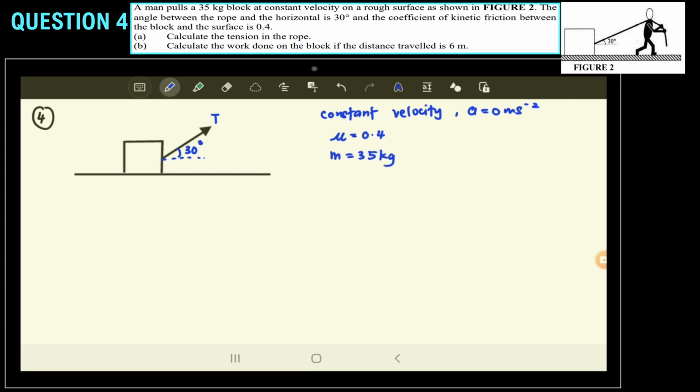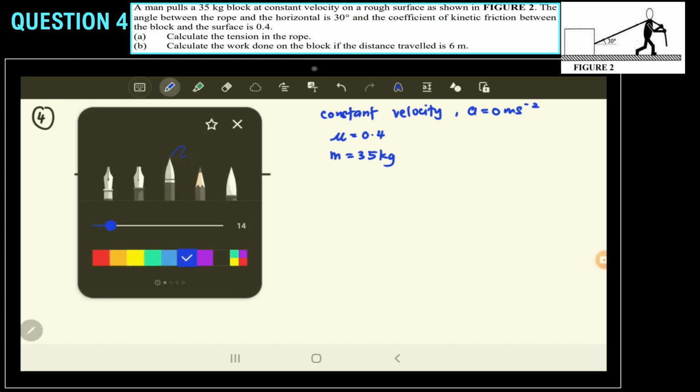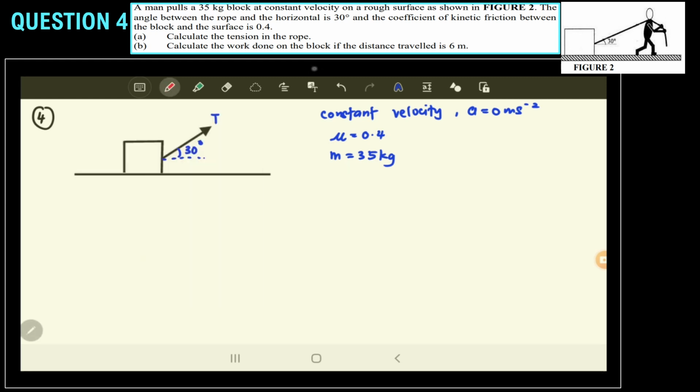The mass of the block is 35 kg. Before we start, the first question asks us to find the tension in the rope, so we need to draw the free body diagram. Now we have tension, and we're going to have weight, normal and frictional force. As we have T at an angle of 30 degrees to the horizontal, we need to resolve into x and y components.